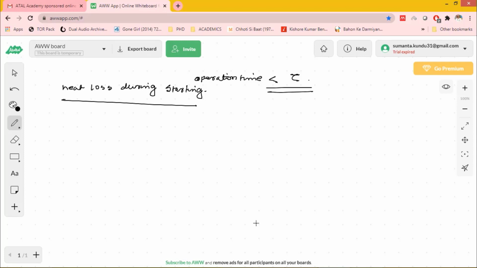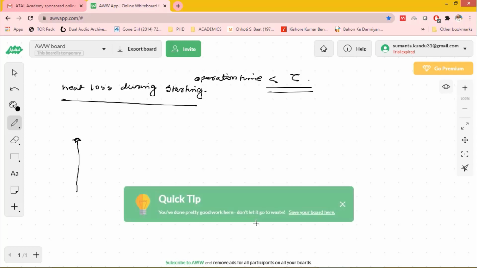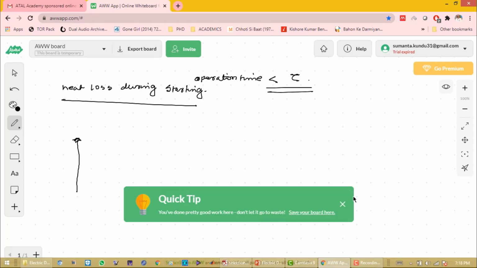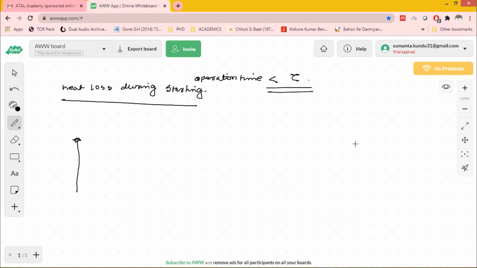So what will be the curve? There is a starting period, then a constant load running period, then a rest period, and it will repeat in this fashion.